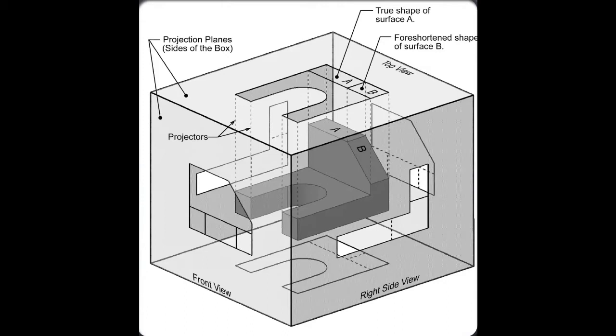Those projectors are at right angles to the object itself. It intersects the sides of the glass box at right angles, and then you can draw that view based on those projectors. So that's visually and mentally how you have to get used to looking at it.